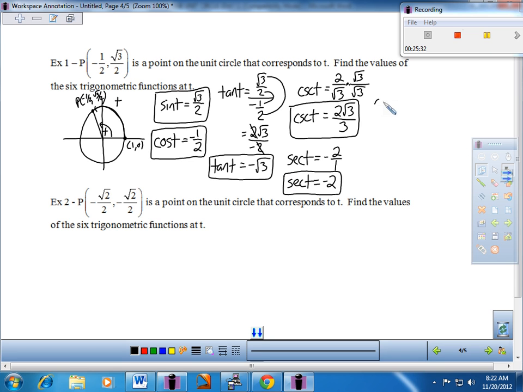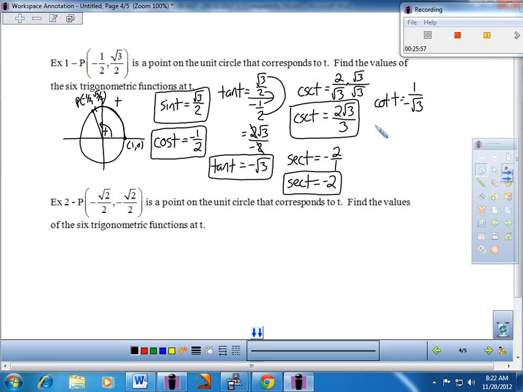It looks like cotangent. So cotangent of t. And guys, cotangent of t is really x over y, or the reciprocal of tangent. So I just treat it as this one. So everyone, this is your tangent value right here, negative root 3. And I can almost think about it as negative root 3 over 1. And so if it's negative root 3 over 1, everyone, then this would be its reciprocal, 1 over negative root 3.